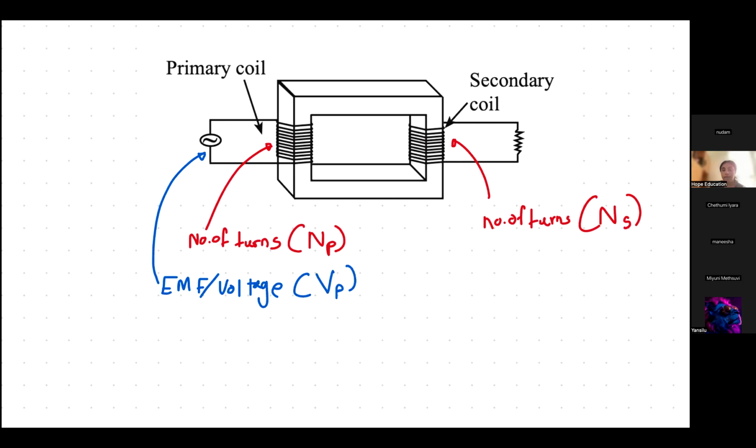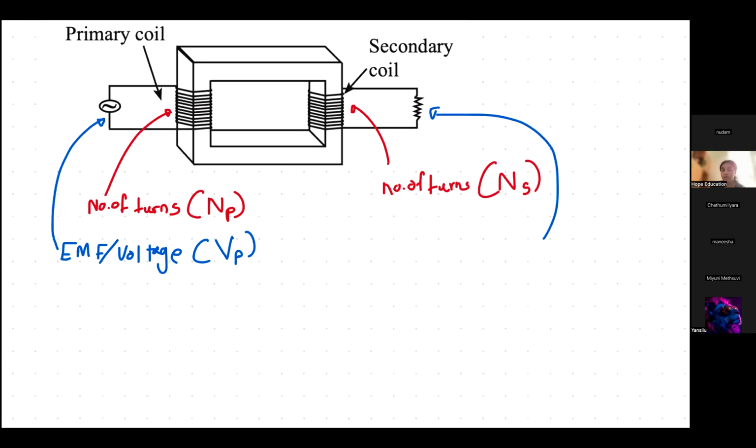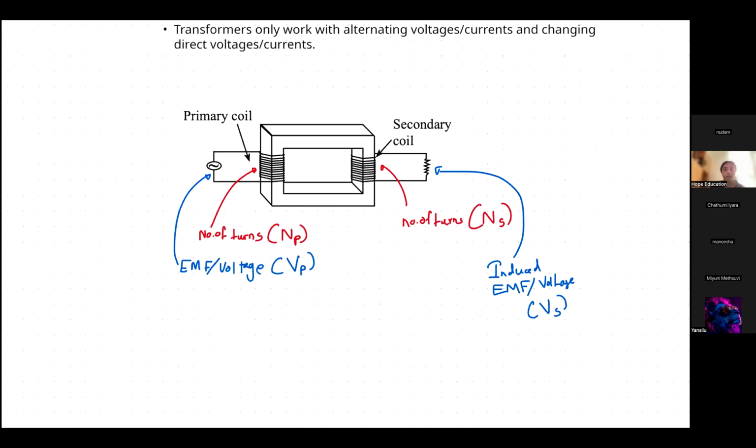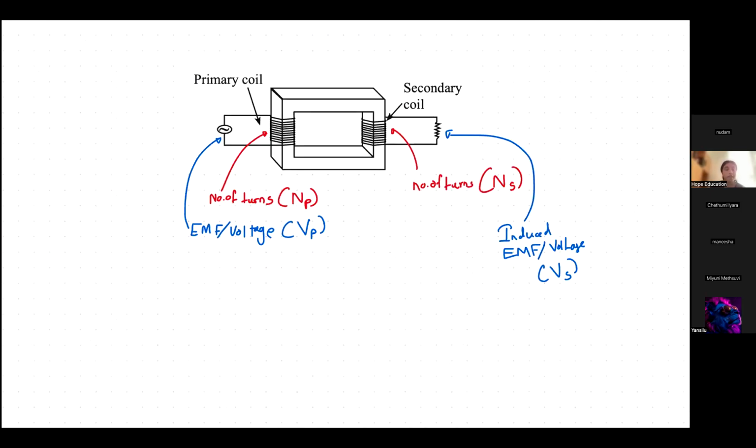The electromotive force or voltage induced in the secondary coil we call VS, the voltage of the secondary coil.